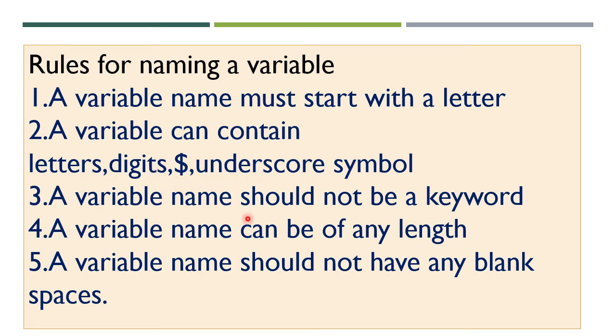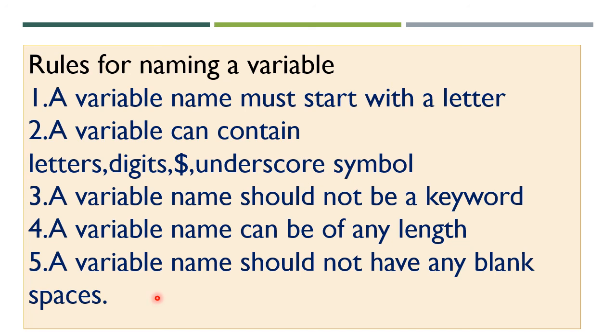A variable name should not be a keyword. No keyword should be used as a variable name. A variable name can be of any length. There is no restriction. A variable name should not have any blank spaces. If you want to make 2 words a variable name, then you can separate those 2 words with the underscore symbol.